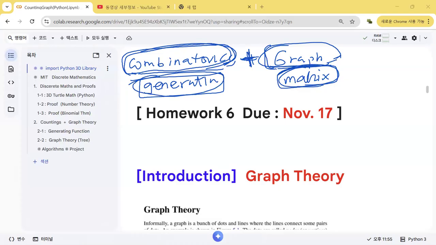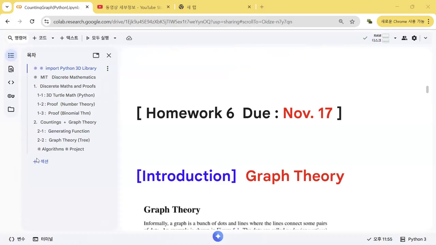So a graph is a kind of playground for computer algorithms. Combinatorics is also a playground for a lot of computer coding algorithms. So those two topics are important.